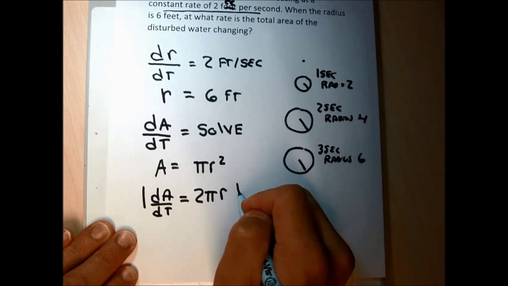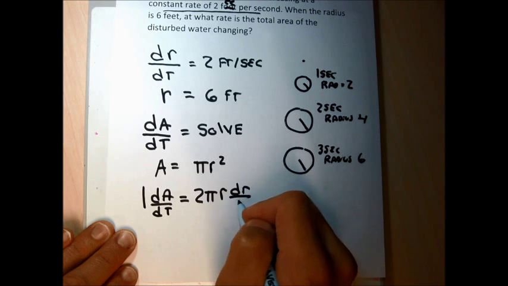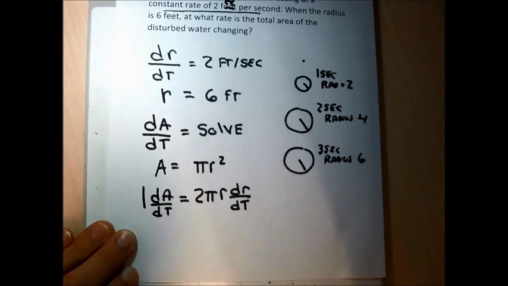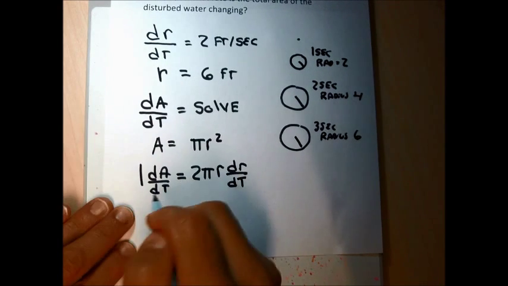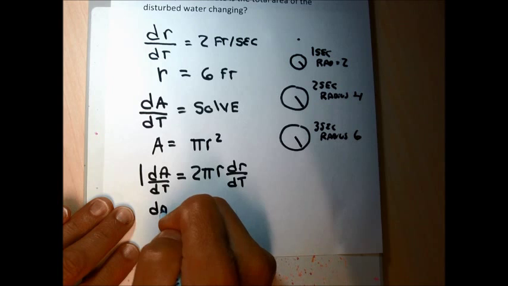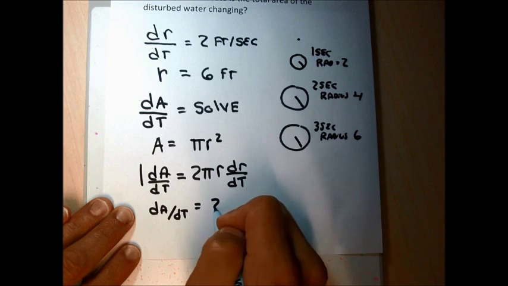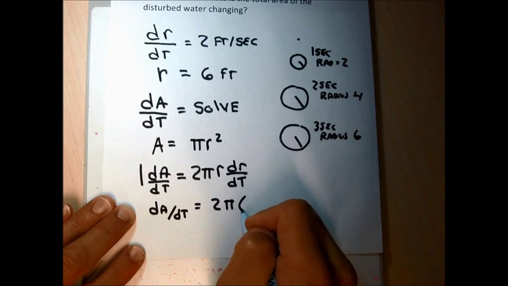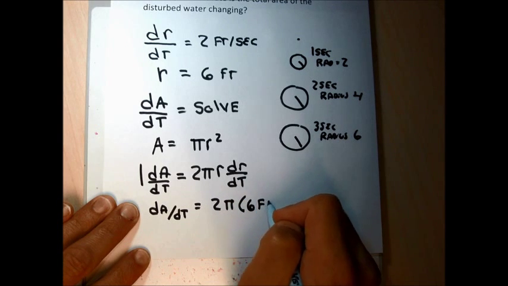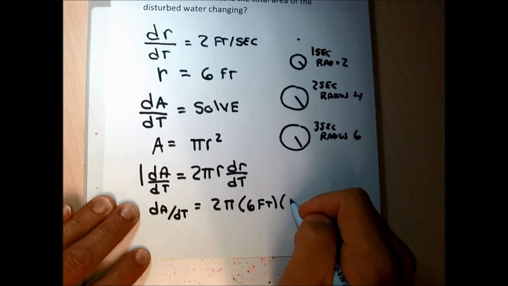But because I took the derivative with respect to t, I have to tack on a dr/dt. Now I can plug the numbers in that I have. I'm going to leave the left side dA/dt. I'm not going to write the 1. And on the right side, I'm going to write 2 pi. And then for r, I'm going to write 6 feet. And then for dr/dt, I'm going to write 2 feet per second.